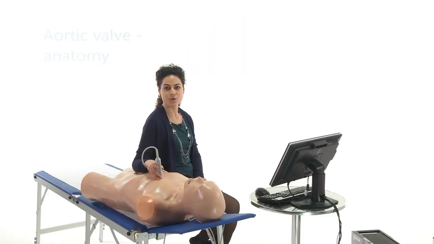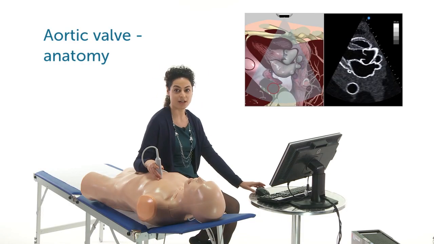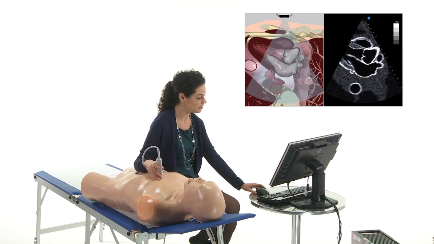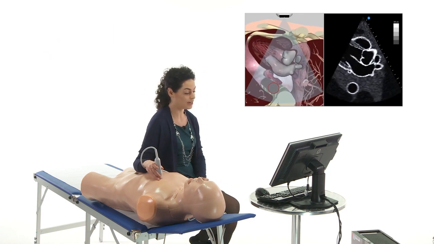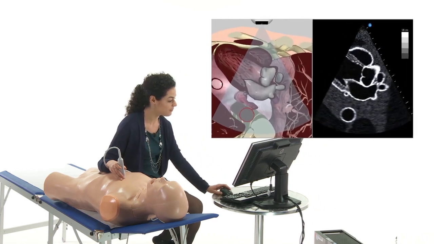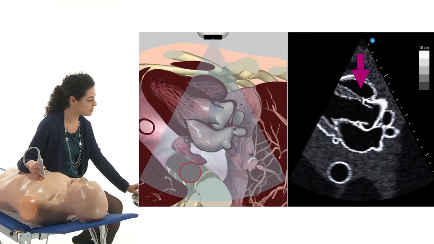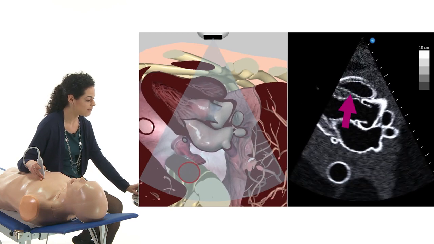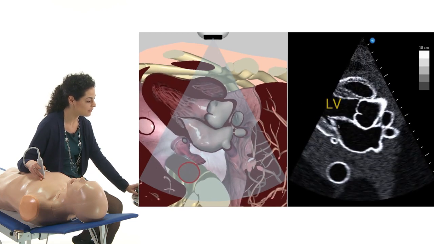That wasn't hard, but to make you really better understand, I would like now to go back to our simulator. And here we are now looking at the anatomy. The parasternal long axis view, as you can see, allows us to see a part of the right ventricle, the outflow tract. Then we really can appreciate the interventricular septum and the left ventricle.